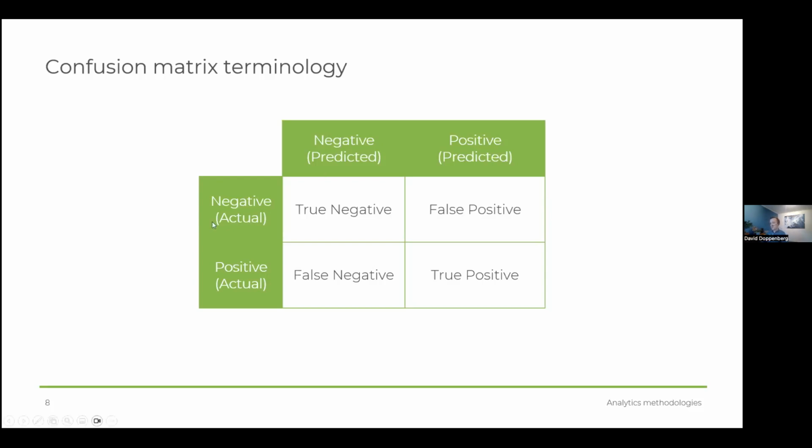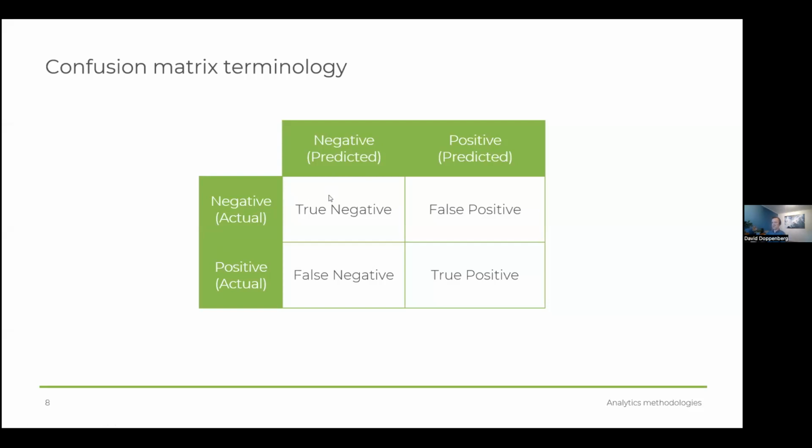And what we then have in this matrix is that we put the predicted labels on the columns. So this is really what the model thinks or predicted, and then on the rows we put the labels of the actual data. And then for each combination of actual label and predicted label, we are going to give, let's say, a certain category to that case.